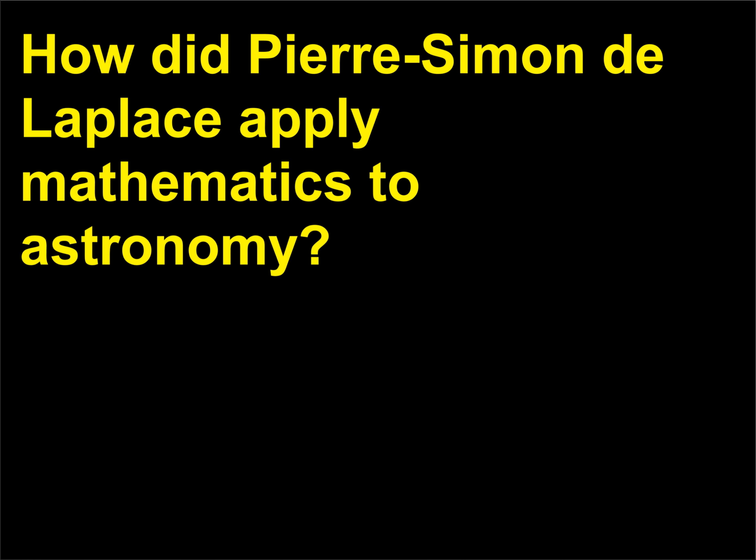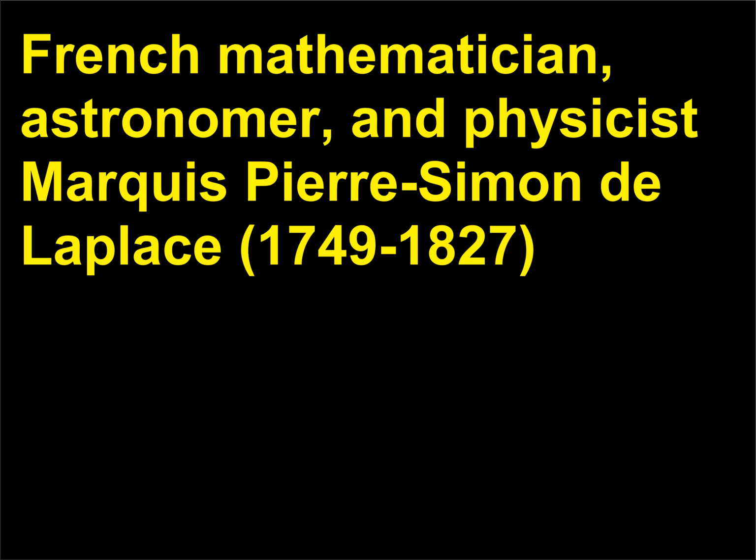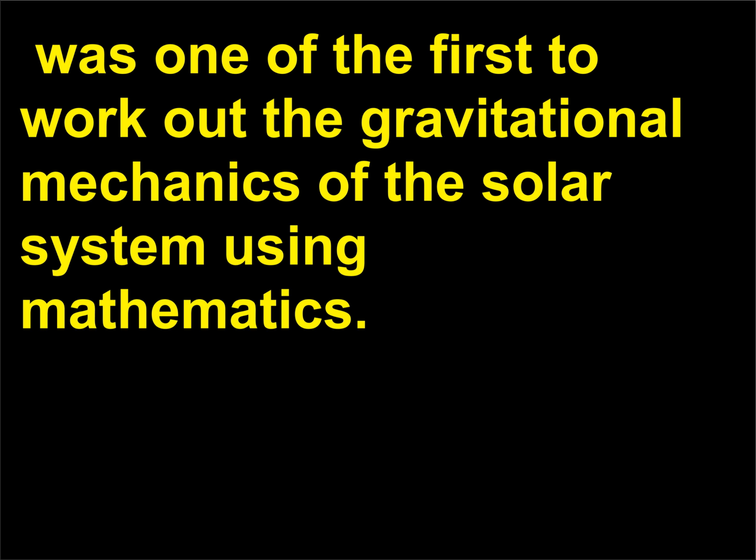How did Pierre-Simon de Laplace apply mathematics to astronomy? French mathematician, astronomer, and physicist Marquis Pierre-Simon de Laplace, 1749–1827, was one of the first to work out the gravitational mechanics of the solar system using mathematics.